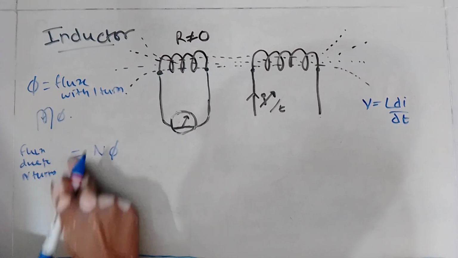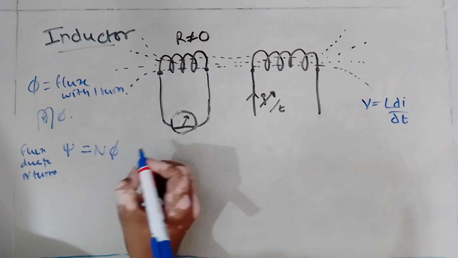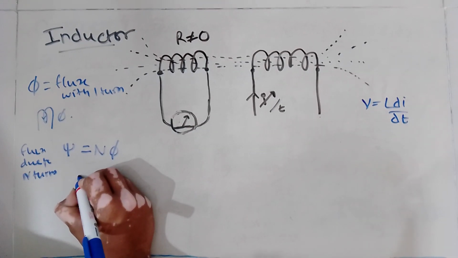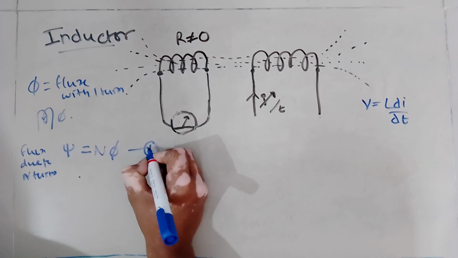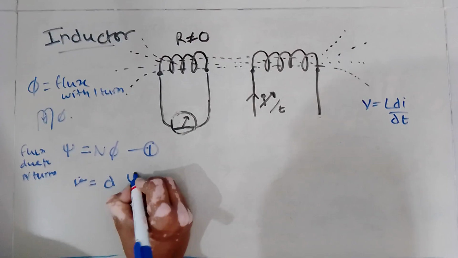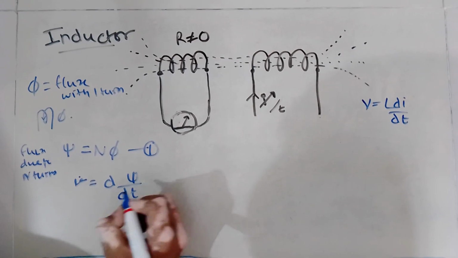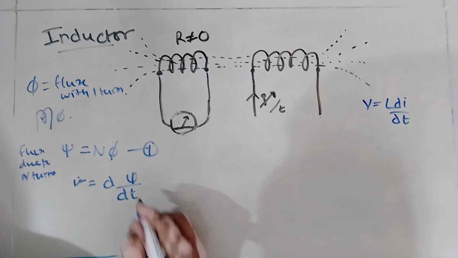Let me write it clearly. Let's take it as equation 1. Now we know that V is equal to d phi by dt. Change in flux develops a voltage. Here we saw a change in flux developed a voltage with respect to time.